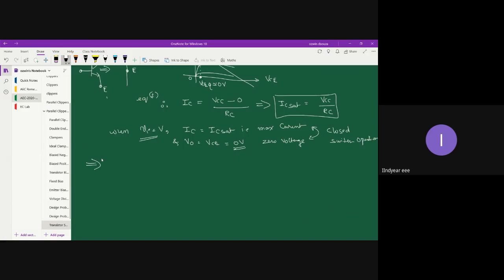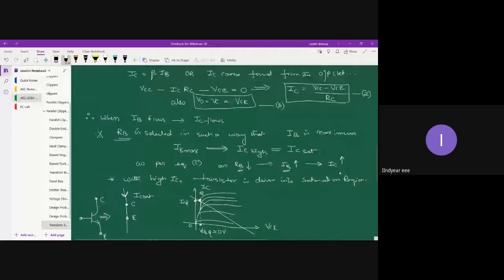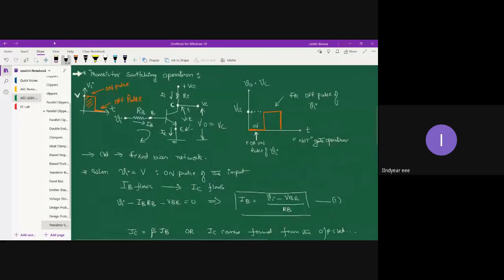Fine. Now let us look at the dual condition, that is, what happens when you make your input pulse 0. Also, you observe that when your input is maximum, output is 0. So for the on pulse, your input is maximum but your output is 0, because under short circuit your output voltage is 0, whereas output current will be maximum.